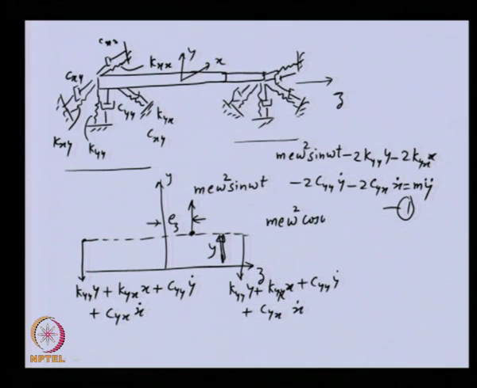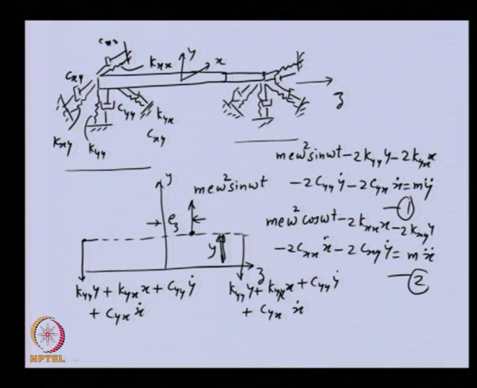So, the centrifugal force will be m e omega square cos omega t minus the same terms, the subscripts would change here, and here it will be 2 x y, and for damping we will have c x x x dot because of velocity and c x y due to velocity in y direction. This should be equal to mass into acceleration in x direction. So, this is the second equation of motion.